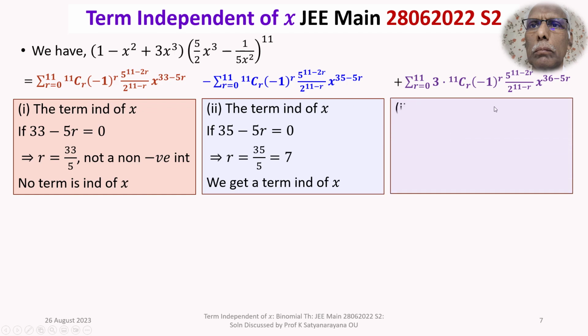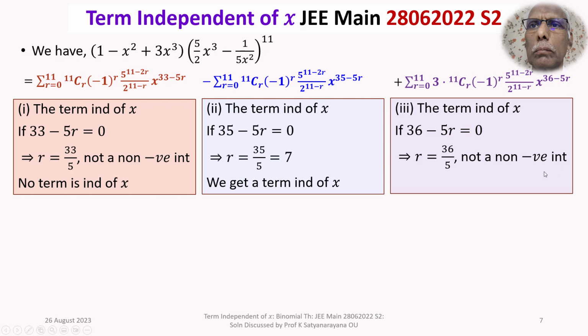In the third sum, similarly, 36 - 5r = 0, r = 36/5, which is not a non-negative integer, therefore no term is independent of x. So, on the whole, we will get the term independent of x when r = 7.